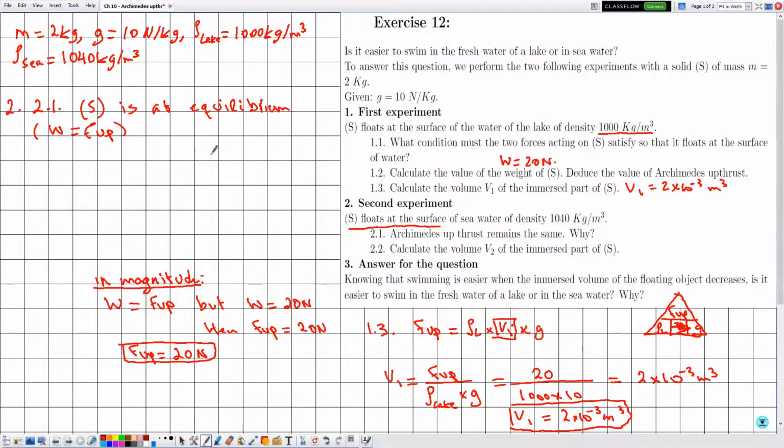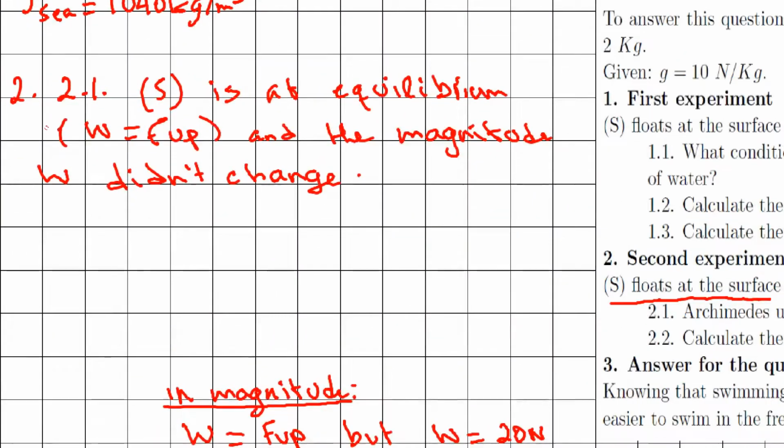And in this case, the magnitude of W didn't change. Why didn't the magnitude of W change? Because we didn't change the solid S, so the mass remained the same. So if the equation also holds and we didn't change the value of W, the value of F upthrust didn't change either.